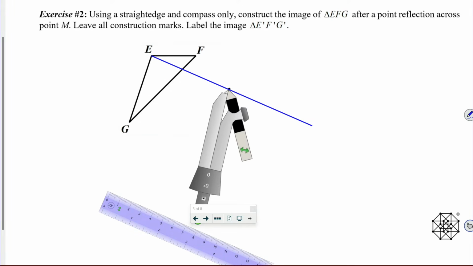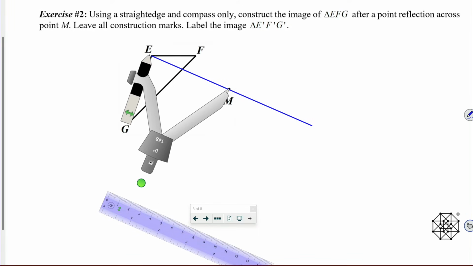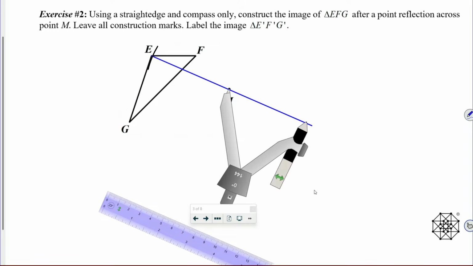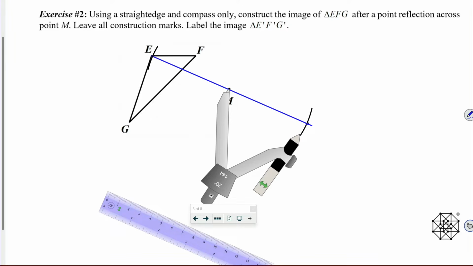Okay, I'm going to put my pointy end there. Bring this out, rotate it up a little bit closer. Oh, perfect, perfect, perfect. I need to draw that little arc, or maybe not so perfect. Then I'm going to draw this little arc, and that, hopefully, is going to be point E prime.